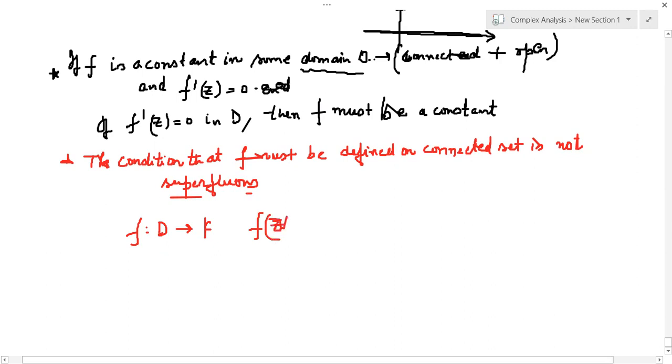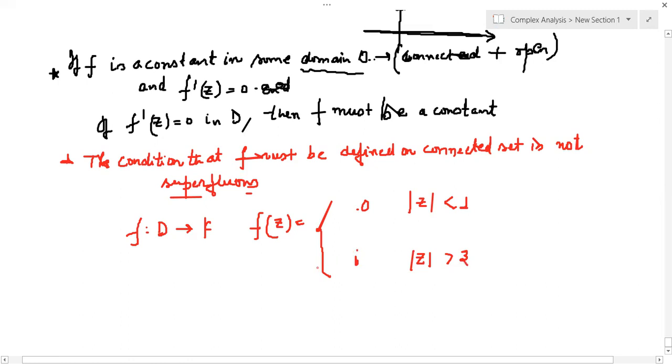Let me write f(z) is equal to 0 if mod z is less than 1, and if mod z is greater than 3, it is equal to, let's say, iota.